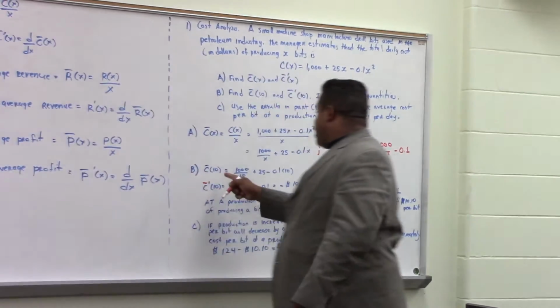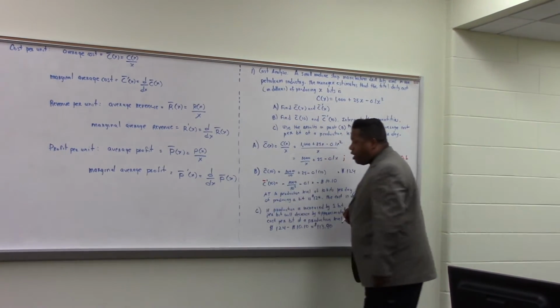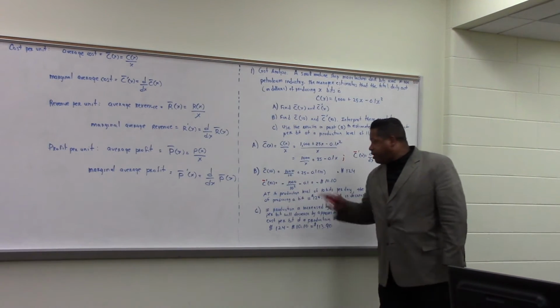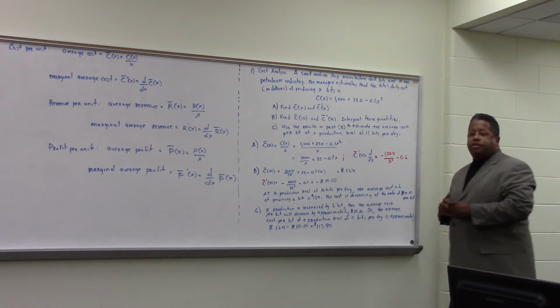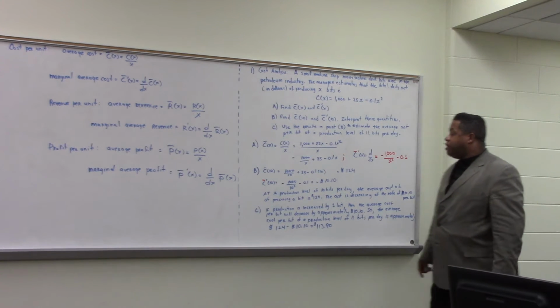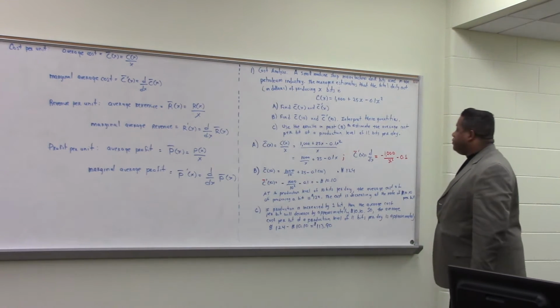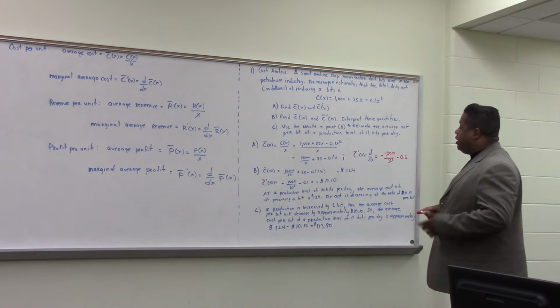That's the derivative of that, just like here. So when we find C bar prime of 10, it's going to be negative 1,000 divided by 10 squared minus 0.1, and that's going to give us negative $10.10.